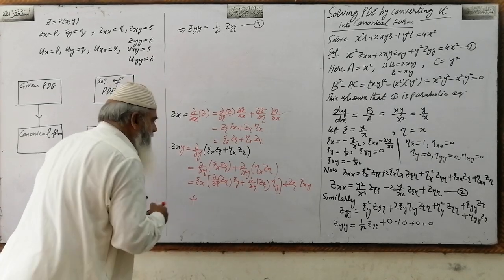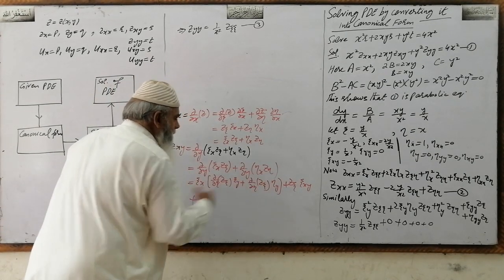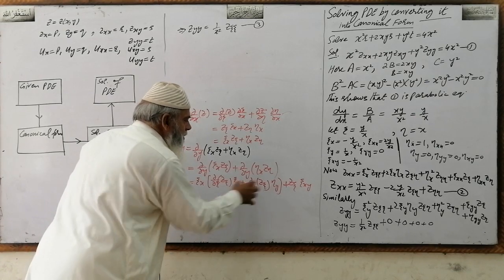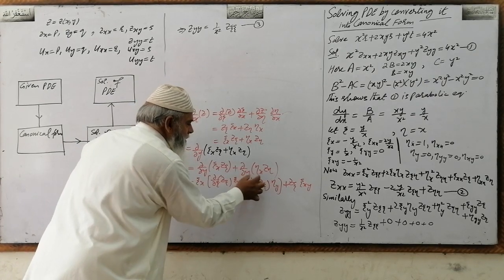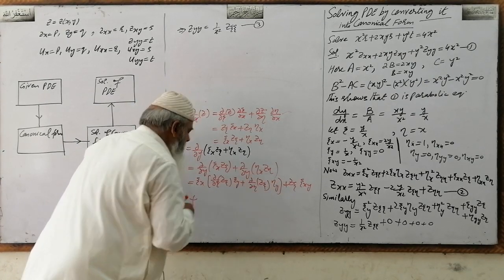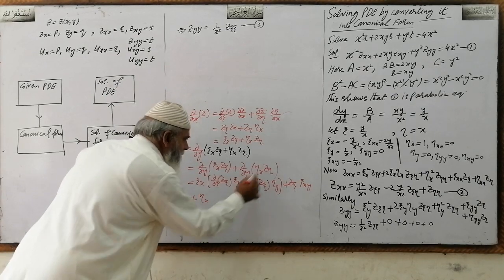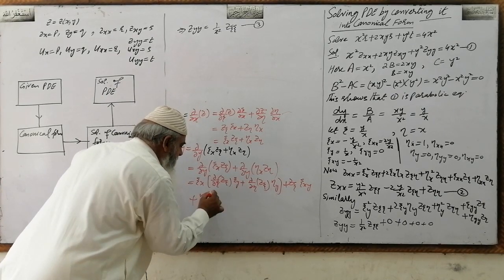Now repeat these steps over here. Keep ηx. Once again we have to apply the product rule here. In applying the product rule, keep ηx as it is and take its derivative with respect to y.